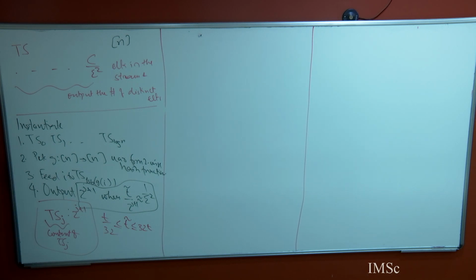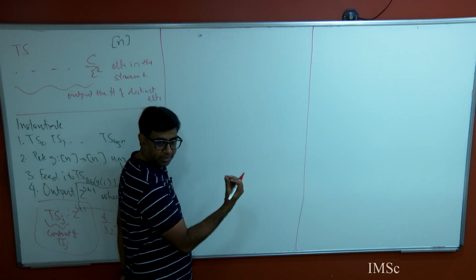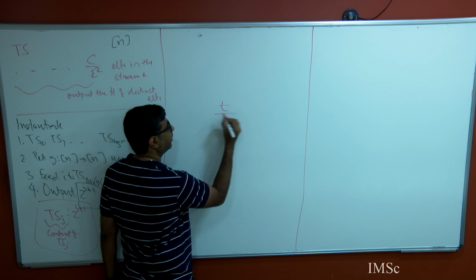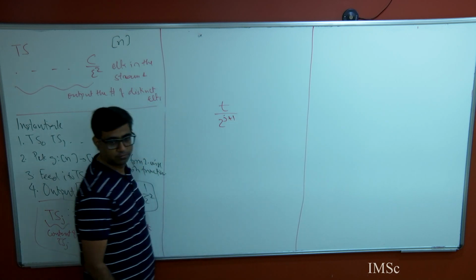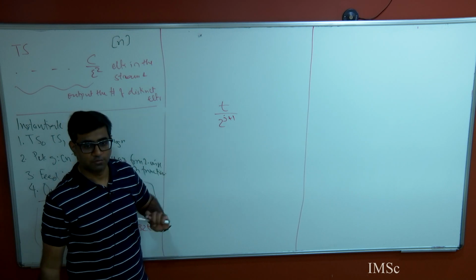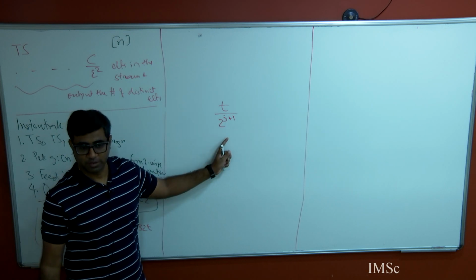The contents of the other TS i don't matter at all. Think of it this way: what did we do in the randomized algorithm? All we cared about is which bit is set to 1. If you are looking for a factor 2 approximation, it was good enough because you are multiplying with this 2 power j plus 1. If you look at the jth least significant bit, the expected number of items which will be mapped to it is T by 2 power j plus 1.